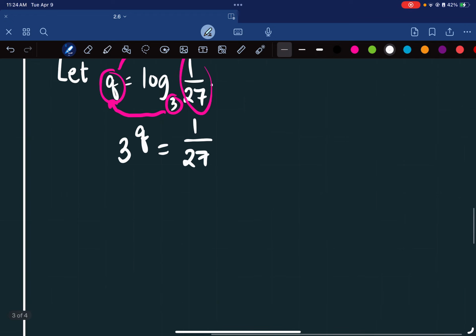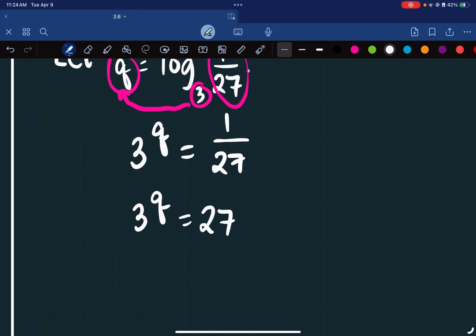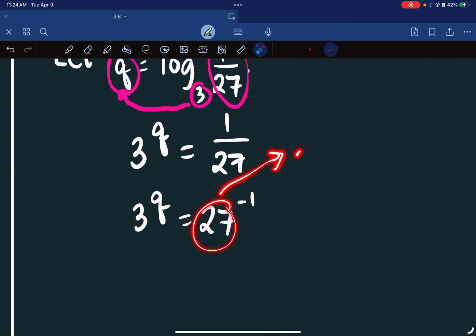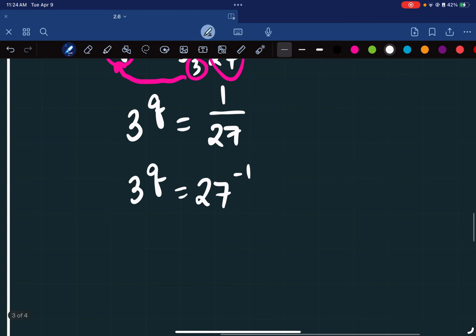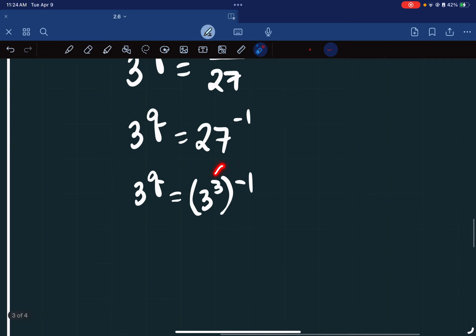Next, let's solve 3 raised to q equals 1 over 27. This one right here could be written as 27 raised to negative 1. But 27 is just the same as 3 cubed. So we can write this as 3 raised to q equals 3 cubed raised to negative 1. And finally, by the laws of exponents, we can multiply them.